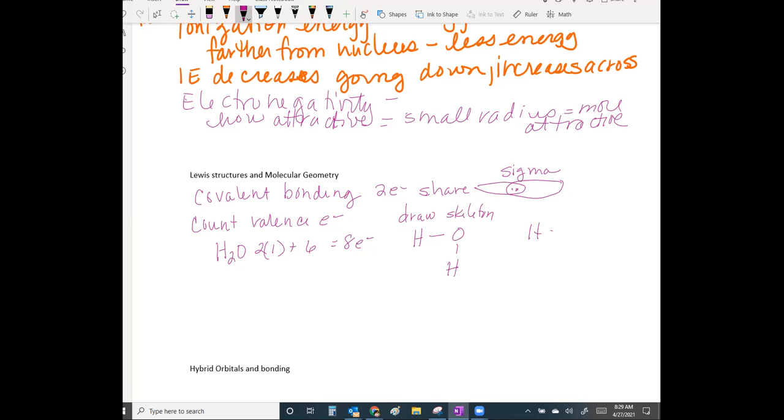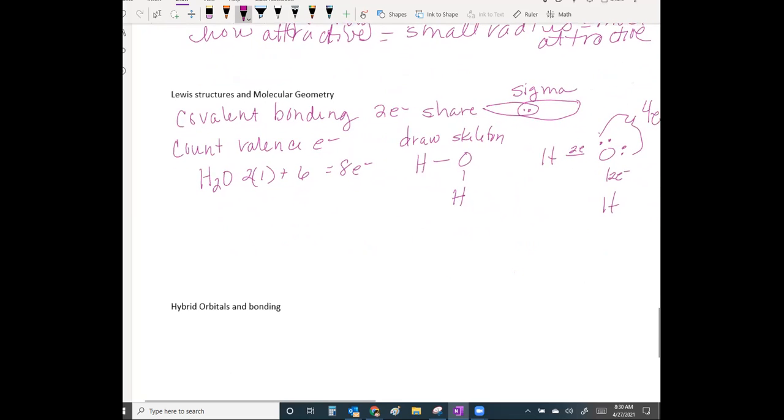Then we add our extra electrons in. So we have 2 electrons here, 2 electrons here. So we have to add 1, 2, 3, 4. So that totals 8. If you have extra electrons, they go on the middle. If you don't have enough electrons, you double bond.